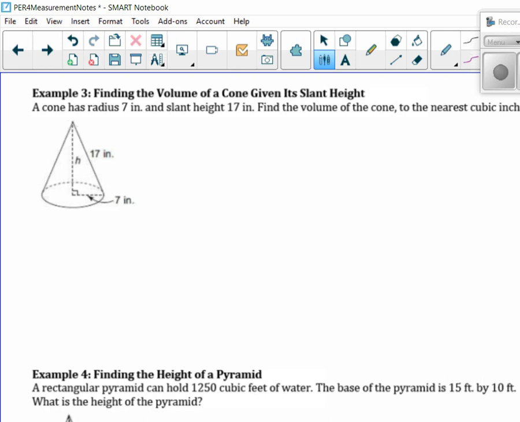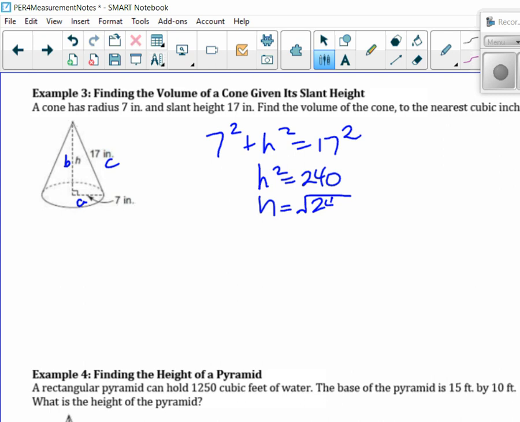So this is say my B, this is my A, and this is my C. So 7 squared plus h squared equals 17 squared, right? And you don't have to show all your little steps here. So h squared equals 240. So that is not going to square root nicely. So h is going to be the square root of 240. Yes? Okay, so I'm going to leave it as that. So now we're going to find our volume.